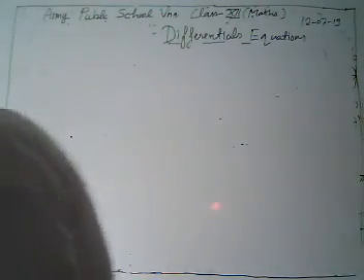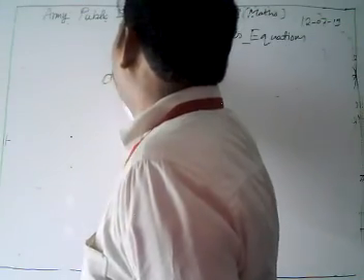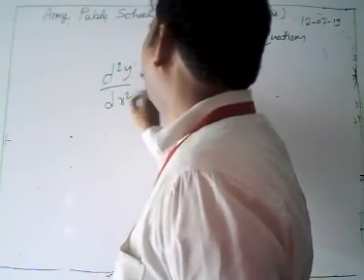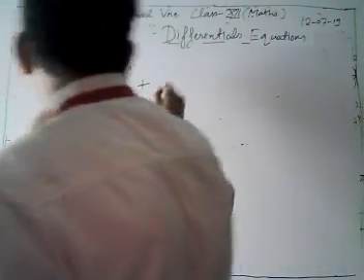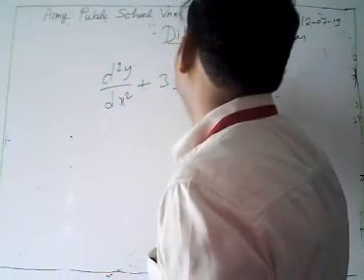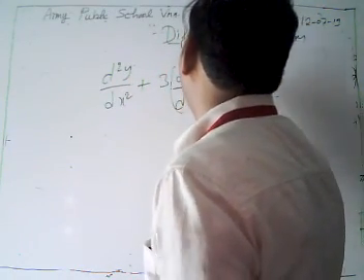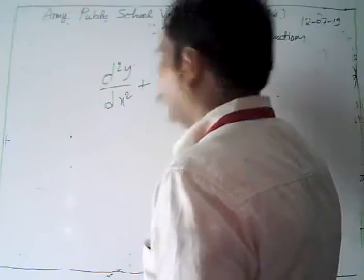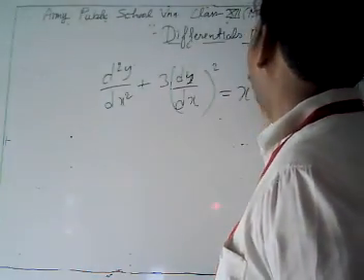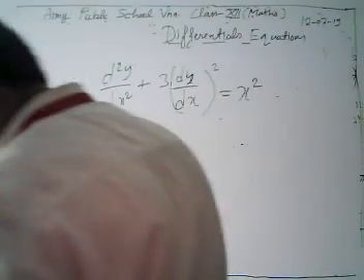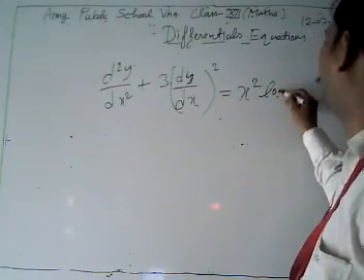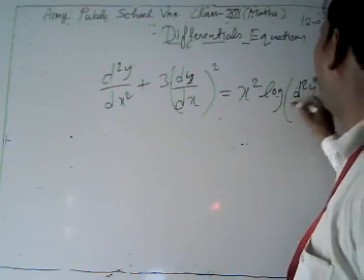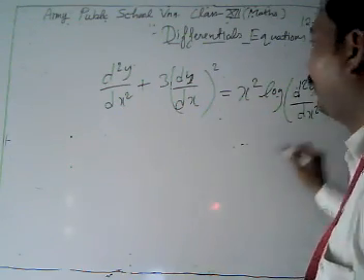We can also take another example where the degree is not defined. Take d2y/dx2 plus 3(dy/dx) whole squared equal to x squared log of d2y/dx2.